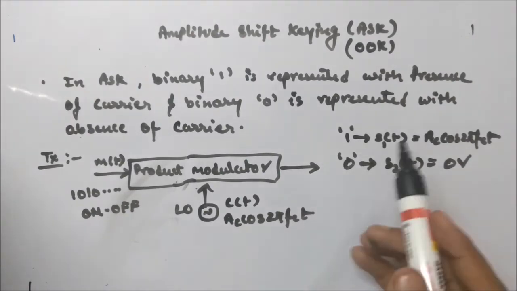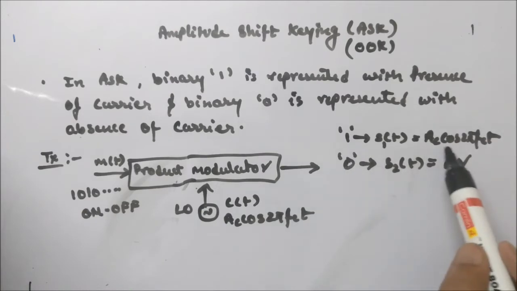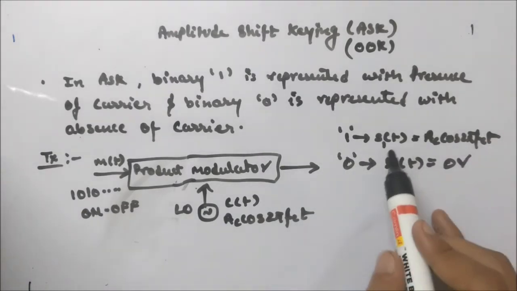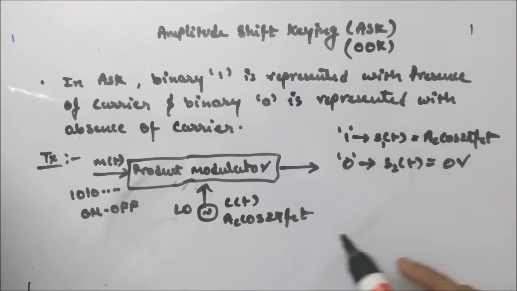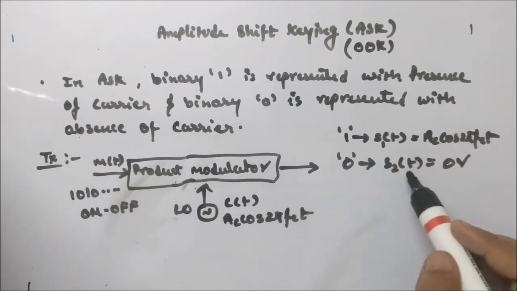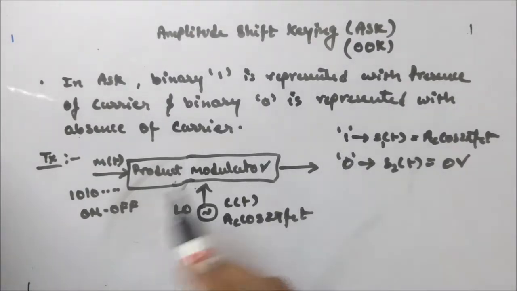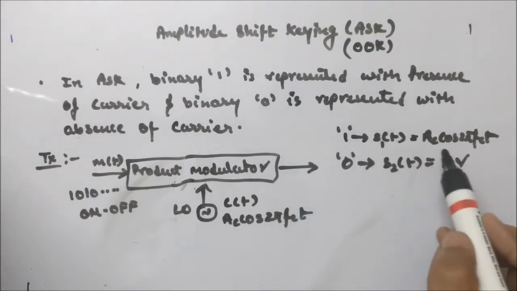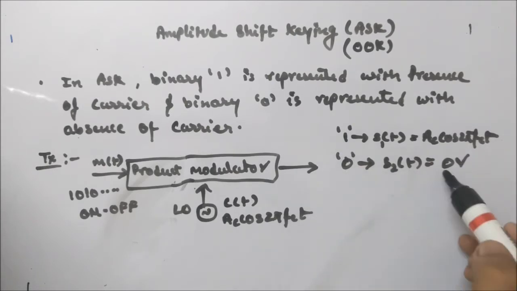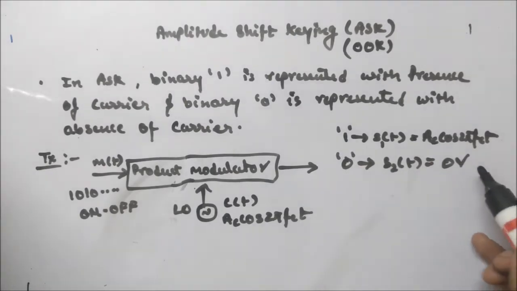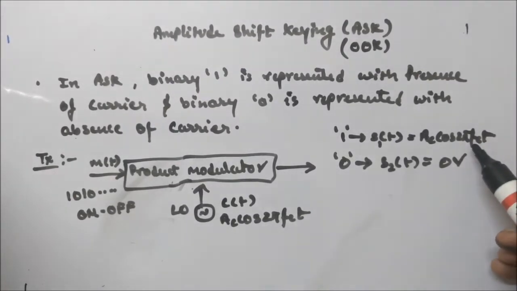So what it is doing, it is representing bit 1 with Ac cos 2 pi fc t, and I am representing that with S1(t), and when 0 comes, S2(t) is equal to 0 volt. So that is how you are mapping bit 1 with Ac cos 2 pi fc t, a cosine signal, and 0 means 0 volts. Whenever you have 1, you represent it by a cosine signal.